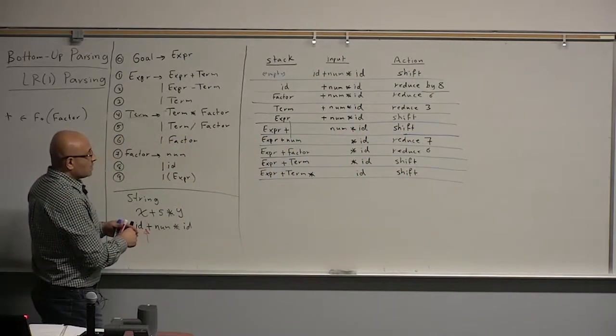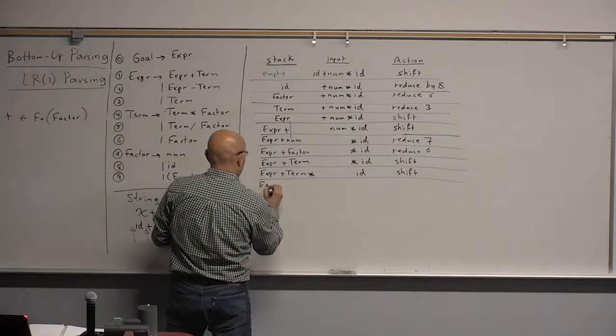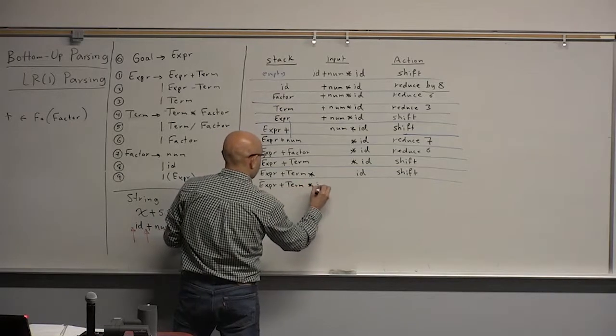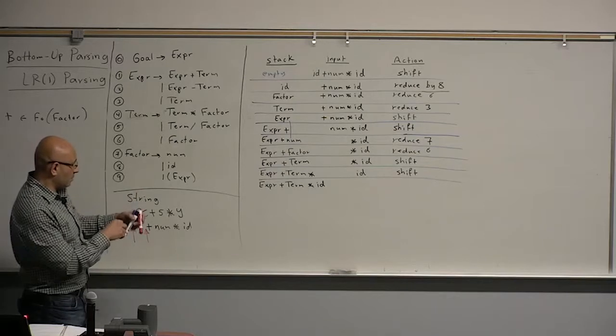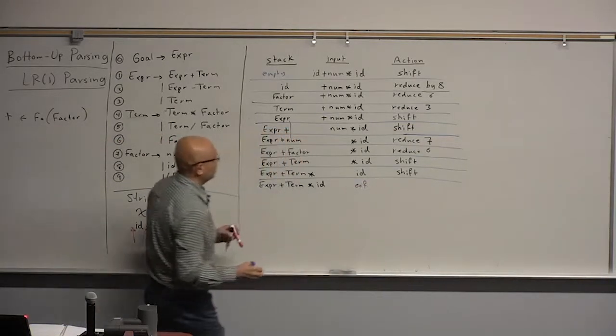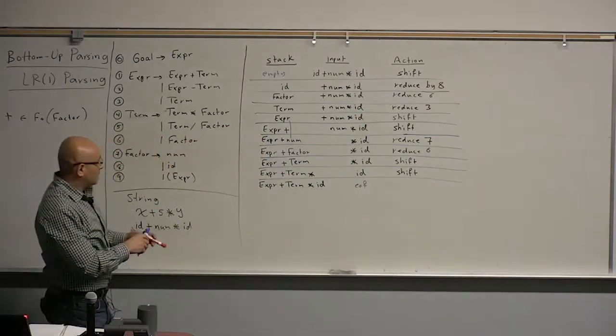Okay, so now I shift again, so I get expression plus term times ID. So in fact, what I have now in the input is end of file. I should have shown end of file after each one of these.